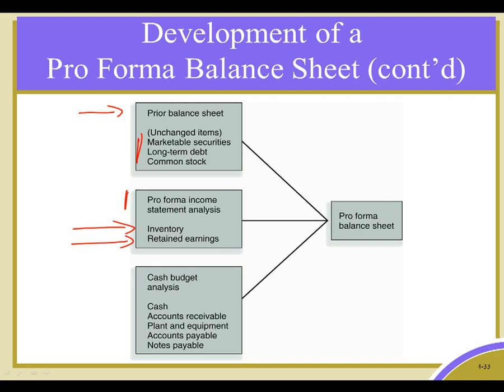And the cash budget analysis is going to be used to develop the cash balance, so that we have our new cash balance, our new accounts receivable, because we need to calculate what we're going to collect to come up with that cash budget initially. We've included plant and equipment in that analysis, which will also be tracked into the balance sheet and added to the old balance sheet account amount. The accounts payable and notes payable are also from that cash budget. All of those come together to produce our ProForma balance sheet.